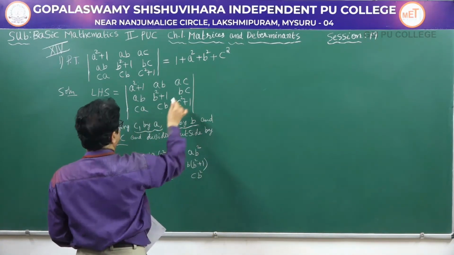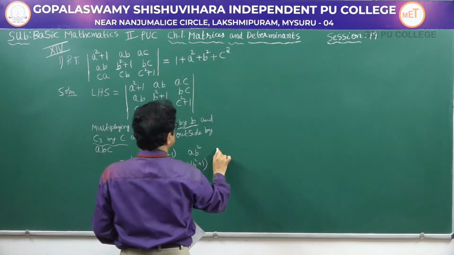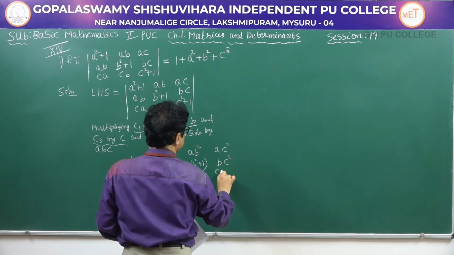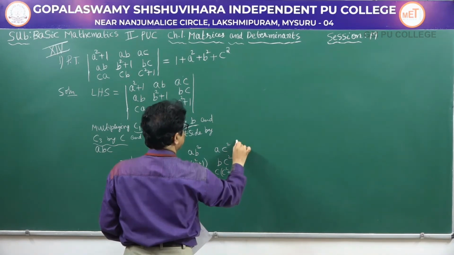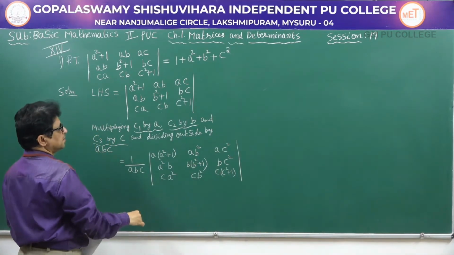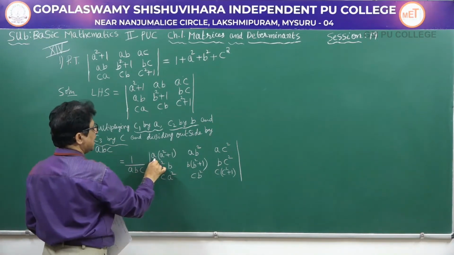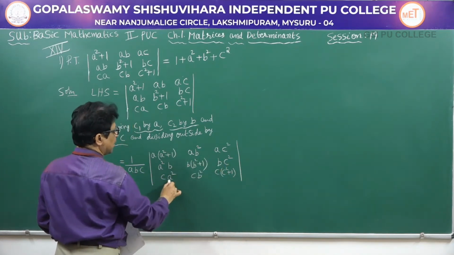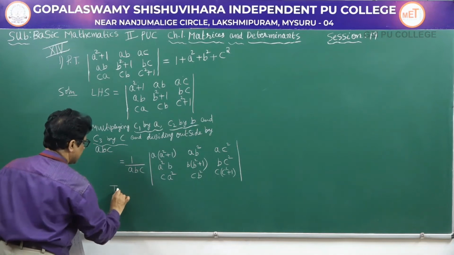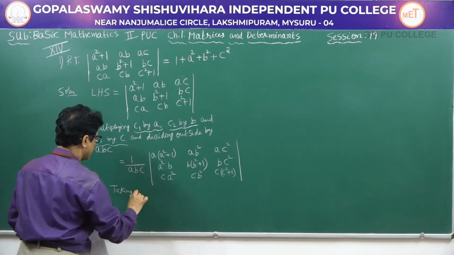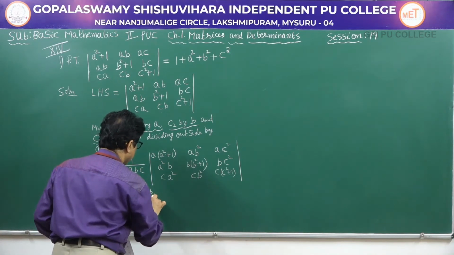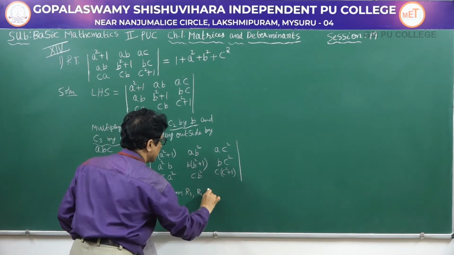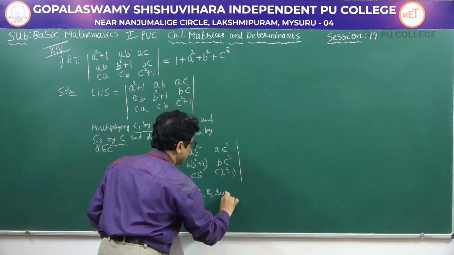Next, we multiply column 3 by C, A into C square, B into C square, C into C square plus 1. Next, if you observe here, we can take A common from R1, B common from R2 and C common from R3. That is, taking A, B, C from R1, R2, R3 respectively.